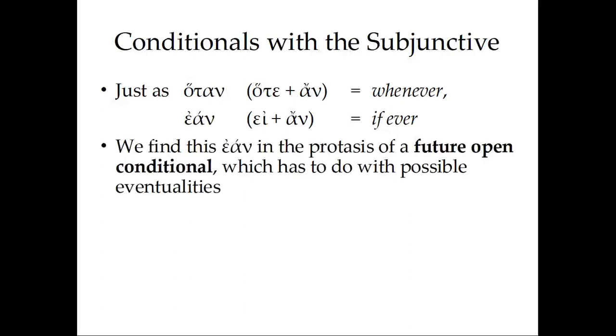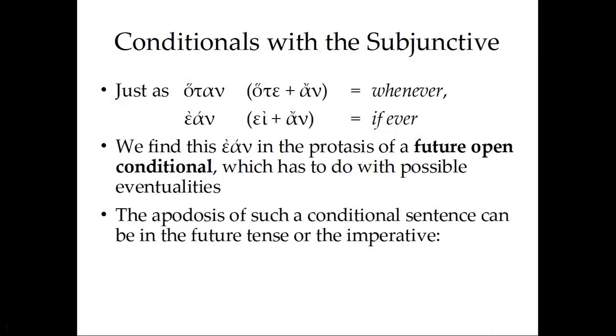We find this ean in the protasis, the if part, of a future open conditional, which has to do with possible eventualities. Really, this is almost like a default conditional statement. The apodosis of such a conditional sentence, the then part, can be in the future tense or the imperative.